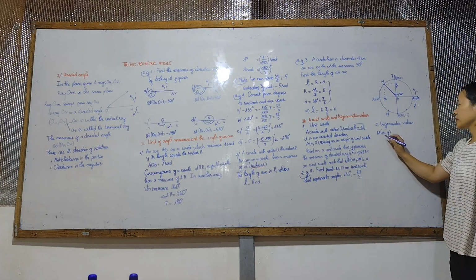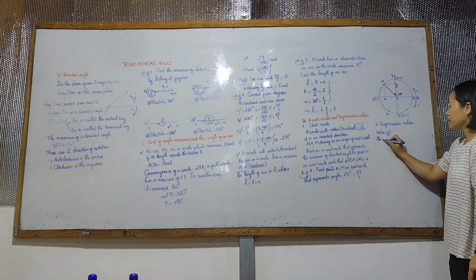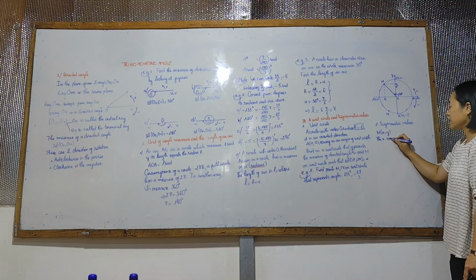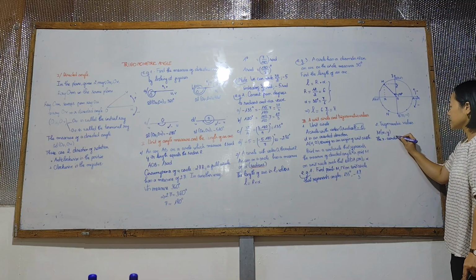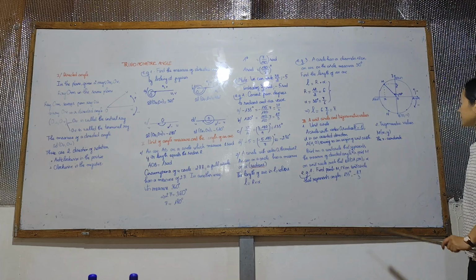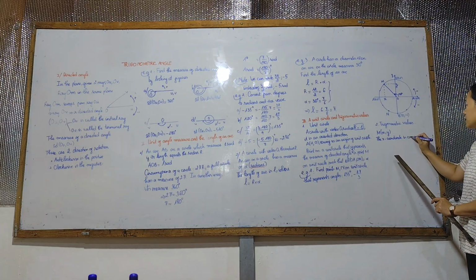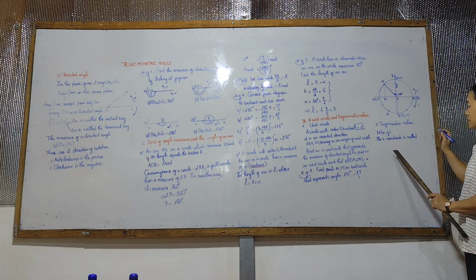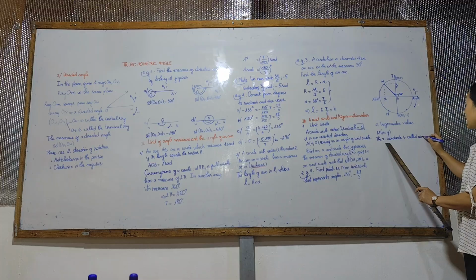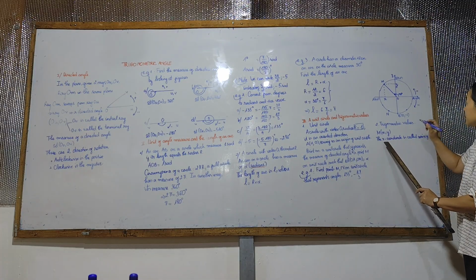In this point, the x coordinate is called cosine of alpha.